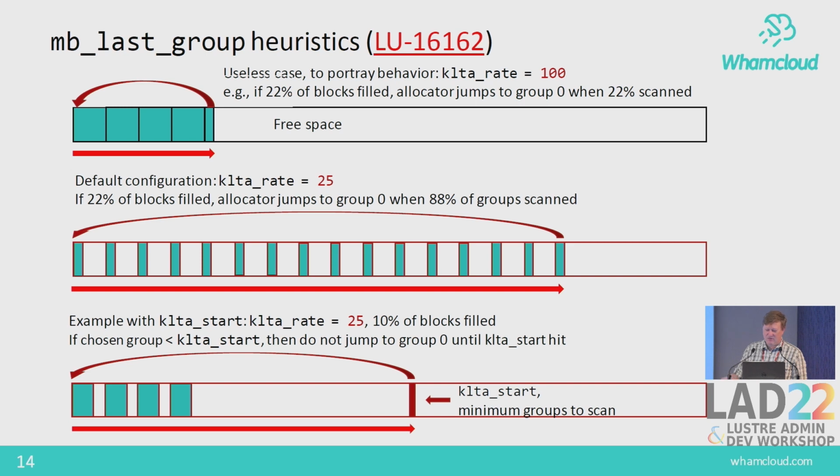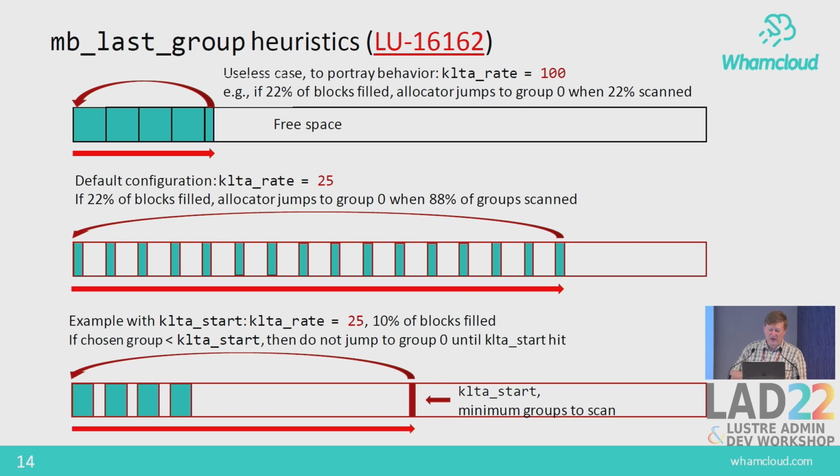rate, and they said, in theory, if KLTA rate is 100, it means that the beginning of the disk has to be 100% full before we start allocating after the start of the disk. That's not a reasonable parameter, but it's just shown here for illustration purposes.